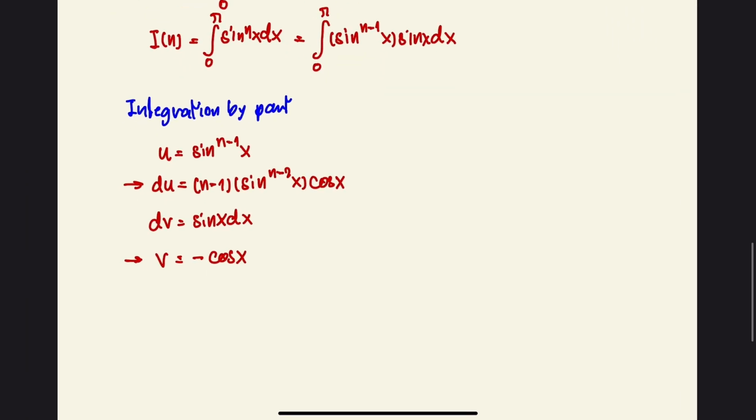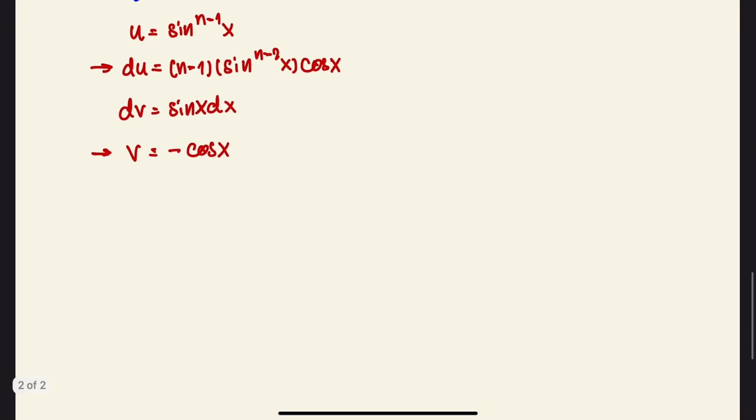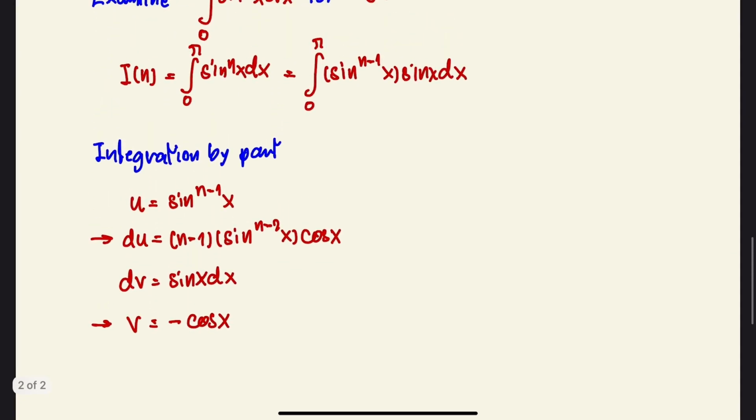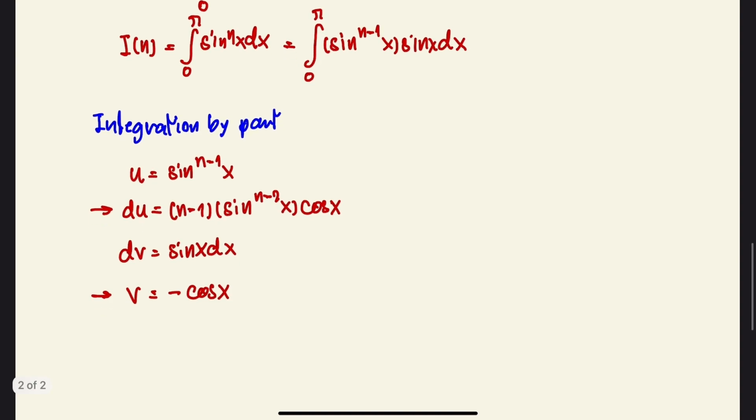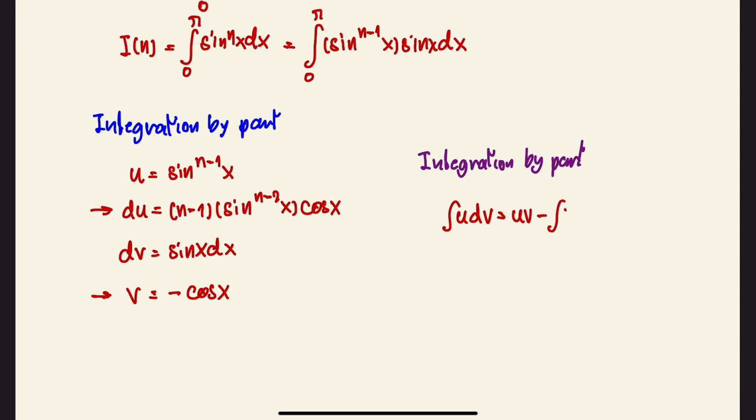So what do we have here? From this right here, we will apply integration by parts. Here is the formula of integration by parts: the integral of u dv equals uv minus the integral of v du.